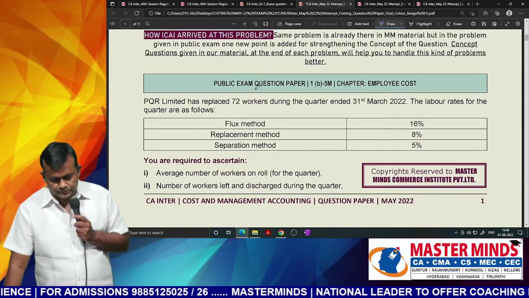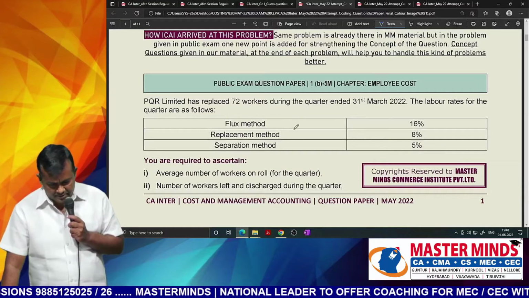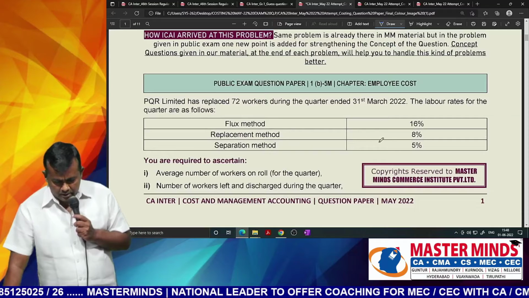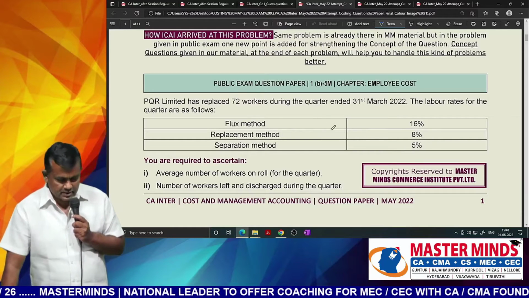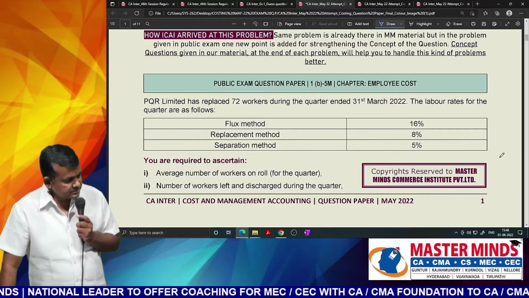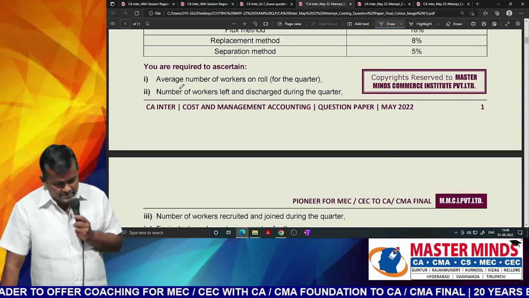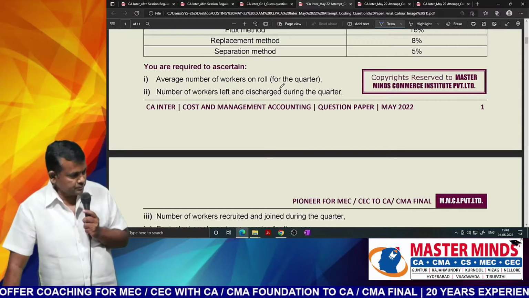Here 72 workers, sir, number of replacements. Here the accountant had already calculated labor turnover rates under flux 16%, under replacement method 8%, separation method 5%. So here also the question is asking average number of workers on roll.